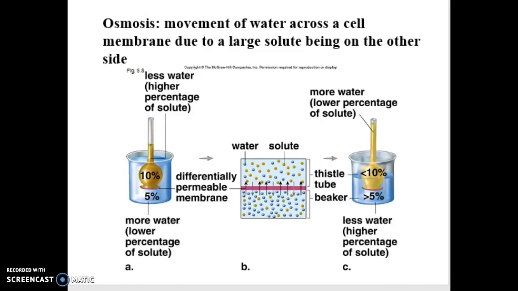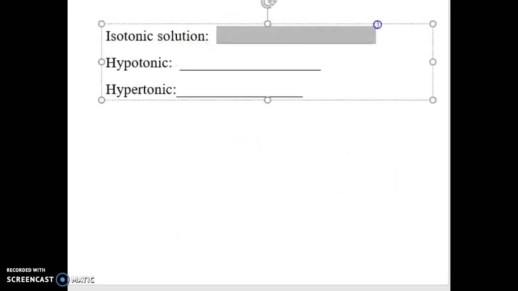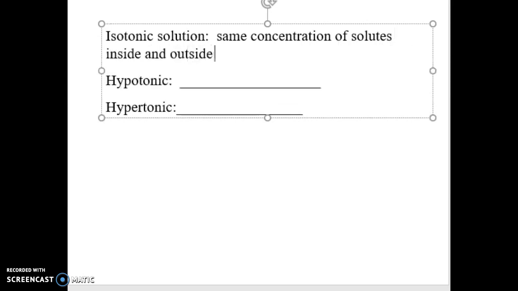Water's trying to balance it out and reach this point of equilibrium. Okay, so some terminology I want you guys to get comfortable with. Isotonic. Same concentration of solutes inside and outside of the cell.